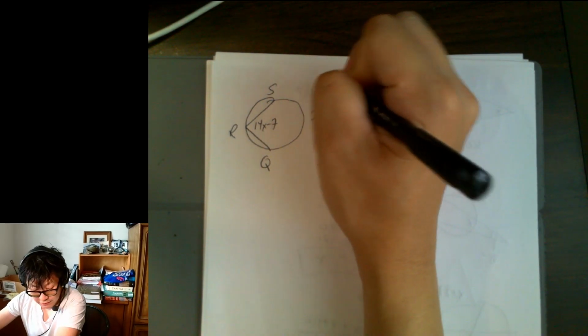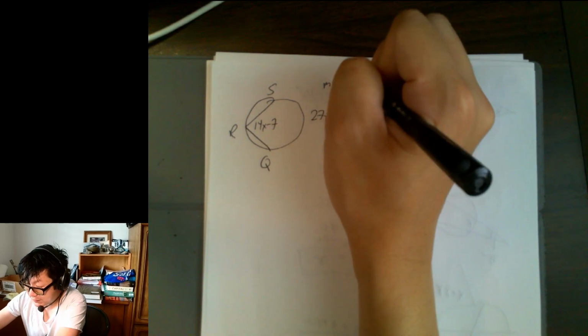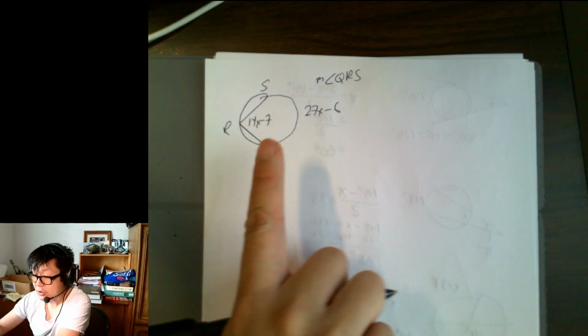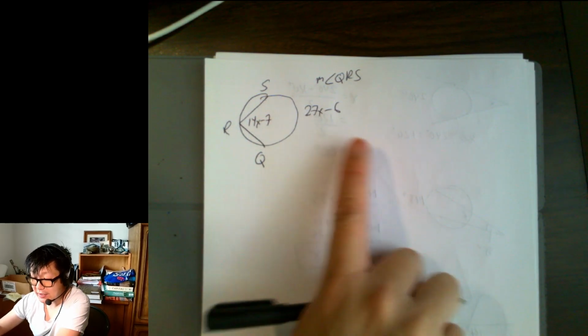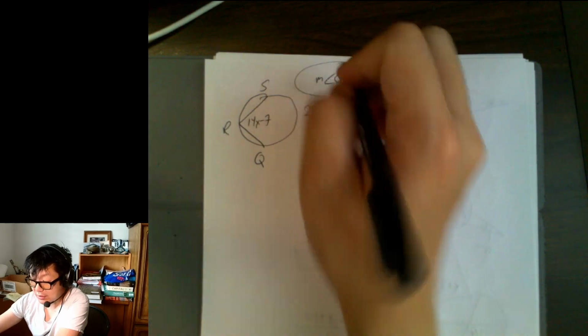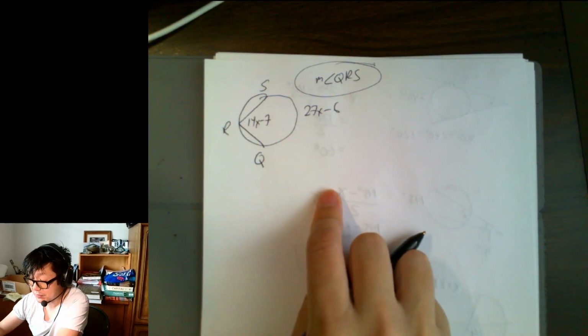And they're asking you to calculate the measure of angle QRS. Unlike previous problems where you were asked to solve for x, you have to solve first for x and then go back and plug in to actually finish the problem. So definitely pay attention to your instructions.